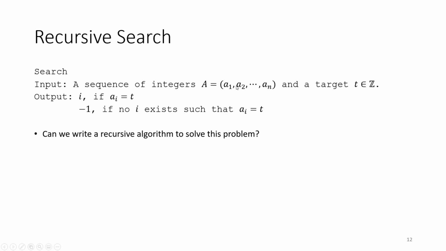But A2 will only be there if our list is of size 2 or greater. And that might be something we can put into our algorithm to check. As long as we have 2 elements, always pick the second one. Or as long as we have 10 elements, always pick the 5th one. I don't know. There's lots of different algorithms we could develop here. A lot of the ones that we could come up with could even be correct, meaning leading to the right answer, and maybe even as efficient as ours.